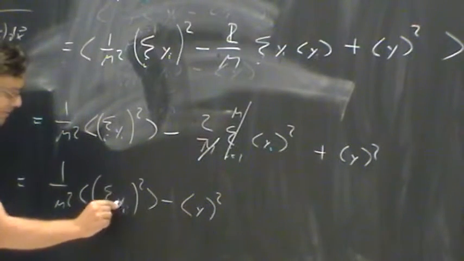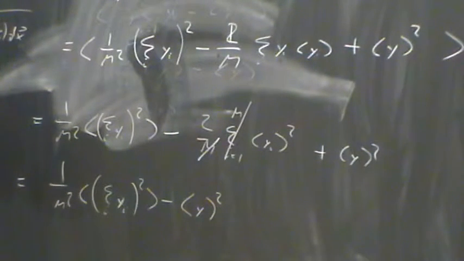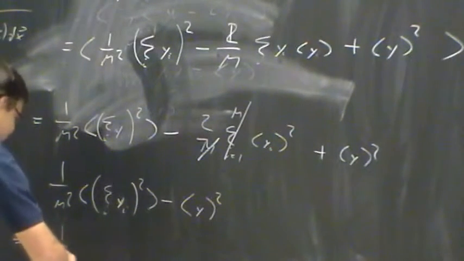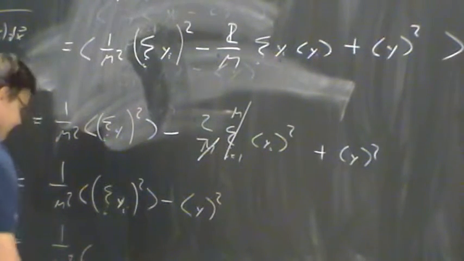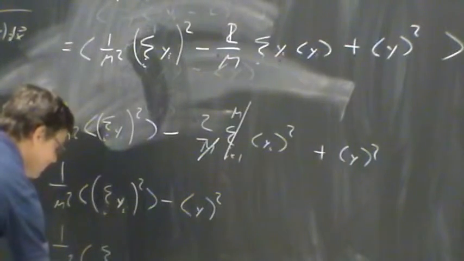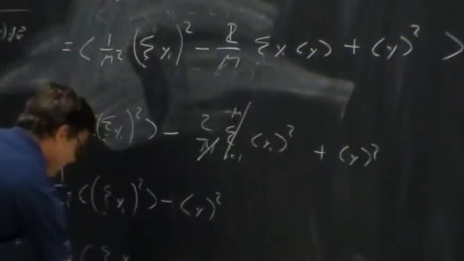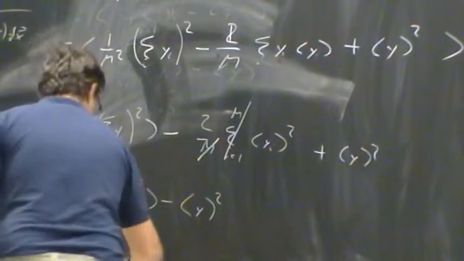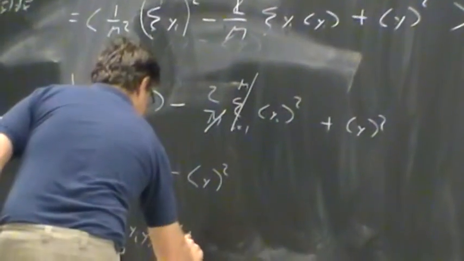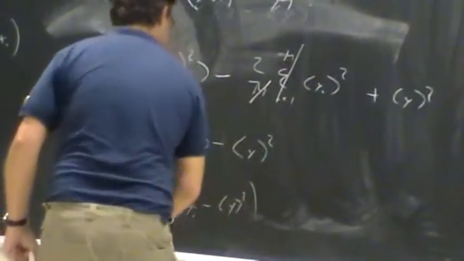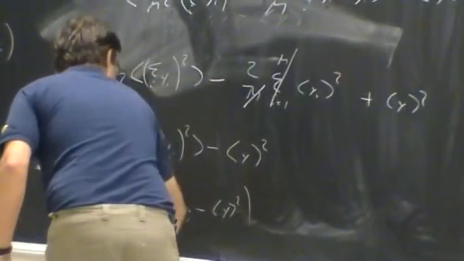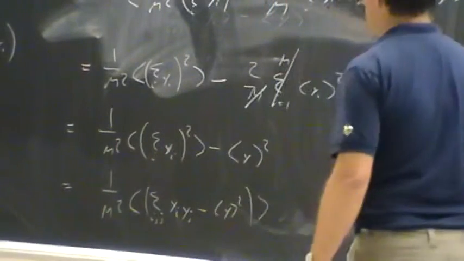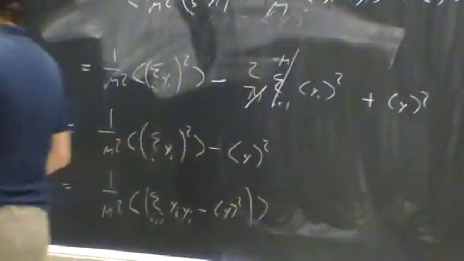Next, I multiply out this product here, and what I get is 1 over m squared, sum over i and j, yi yj, minus expectation value of y squared. Let me put it into the parenthesis here, expectation value. Now what do we get here?